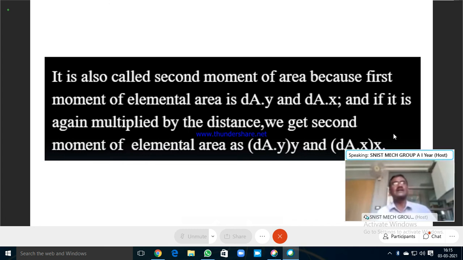Please note down this important information. So second moment of area, moment of area and moment of inertia are all the same, right?